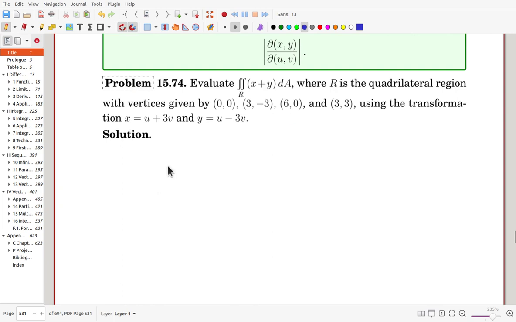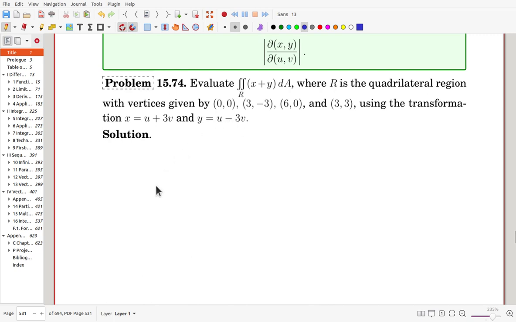Evaluate the double integral over R, where R is the quadrilateral region with vertices given by these 4 points, using the transformation. Okay, here the transformation is given.